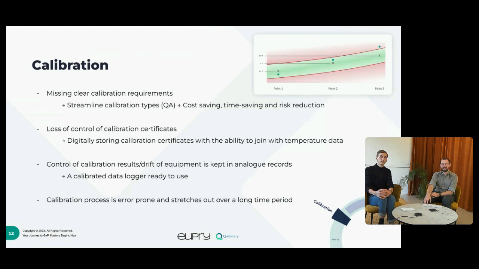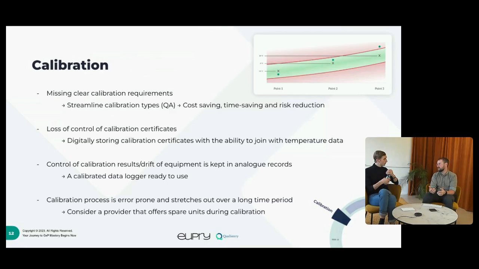So I think the last point here is that the calibration process can often be rather error prone and stretch out over a long time. It ties back into our previous points, but what we suggest is often to have a calibration provider that will allow you to have spare units or will simply swap out your sensors during the calibration process.